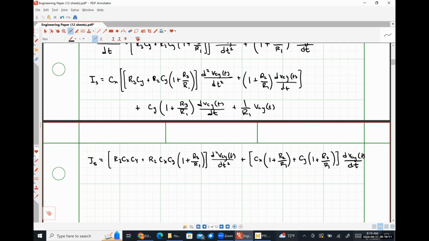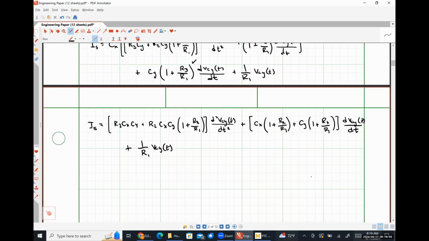And that took care of this part right here and this part right here. Are we all okay with that? Algebra? Oh, that's all right. And then I've got this one last term over here that I'll just sneak in down here. 1 over R1 times VCY.